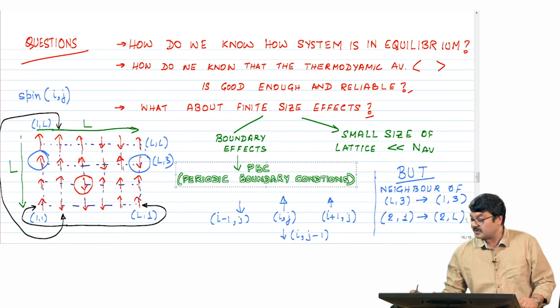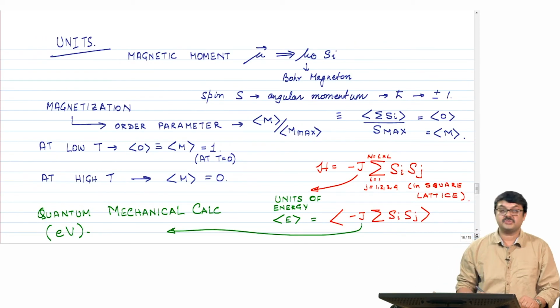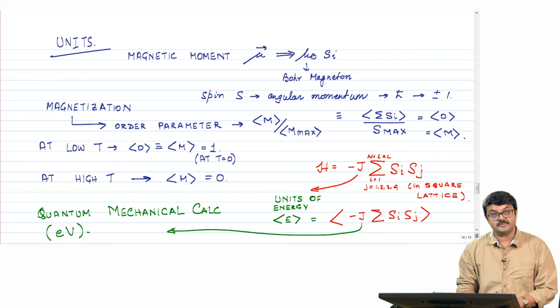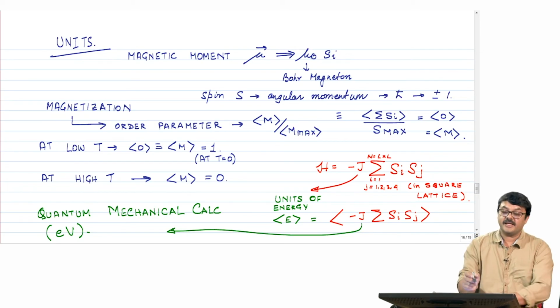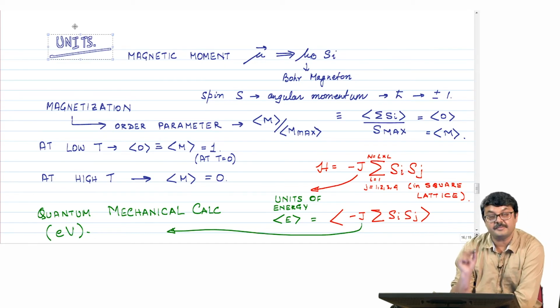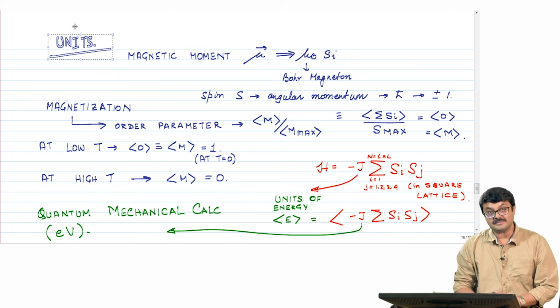Okay. So, the next thing to discuss before we actually move to the computer code and show how the algorithm is implemented is the issue of units. What do I mean by units? You already know that basically we are looking at magnetism.